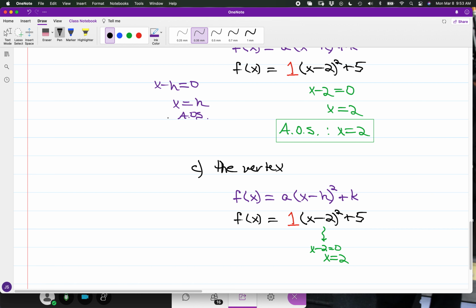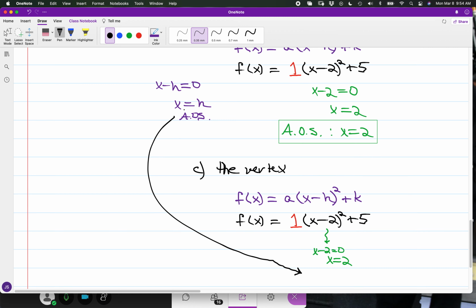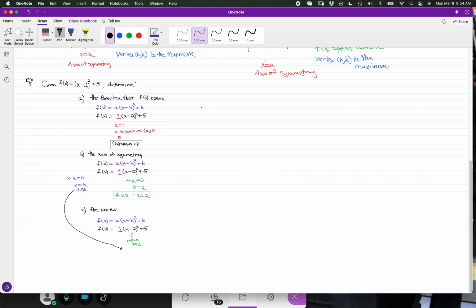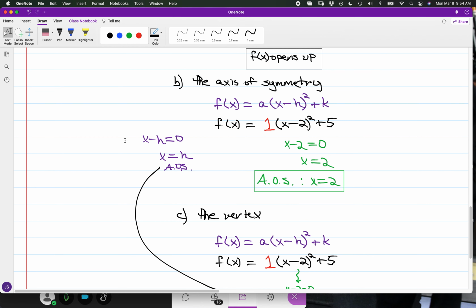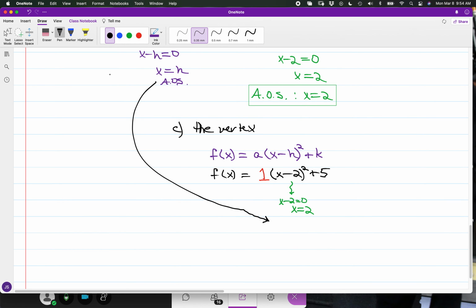And again, taking from the page, the general representation of the axis of symmetry is x equal to h. So we have x equal to h equal to 2.